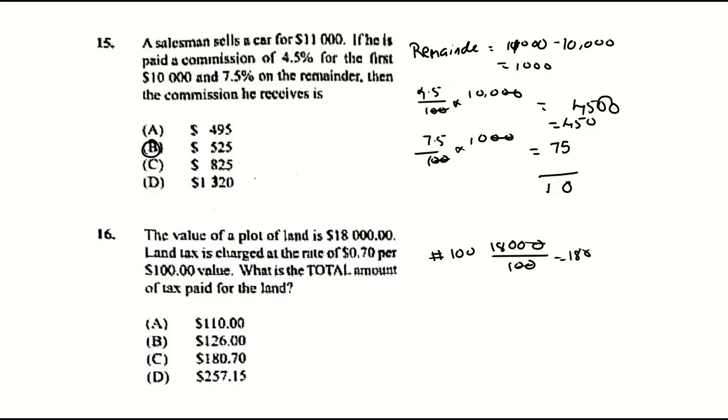So for every hundred, so for 100 is 70 cents. So for 180 hundreds, it will be multiply this by 0.70, right? Which is 18 multiplied by 10 multiplied by, don't put 70, put 7, right? Actually, yeah, put 7.